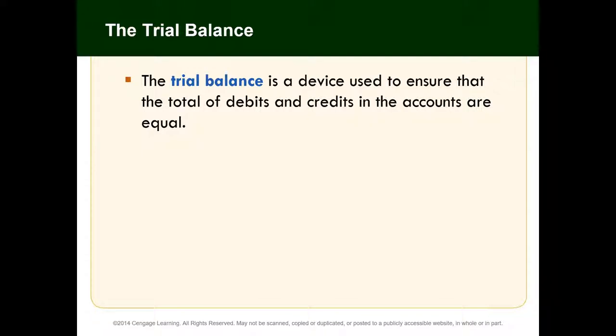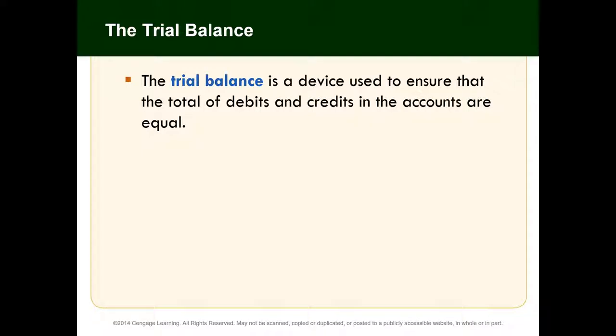Here are your accounts, and debit and credit. So you're going to list your cash, accounts receivable, supplies, building, equipment, all the accounts, and on and on.